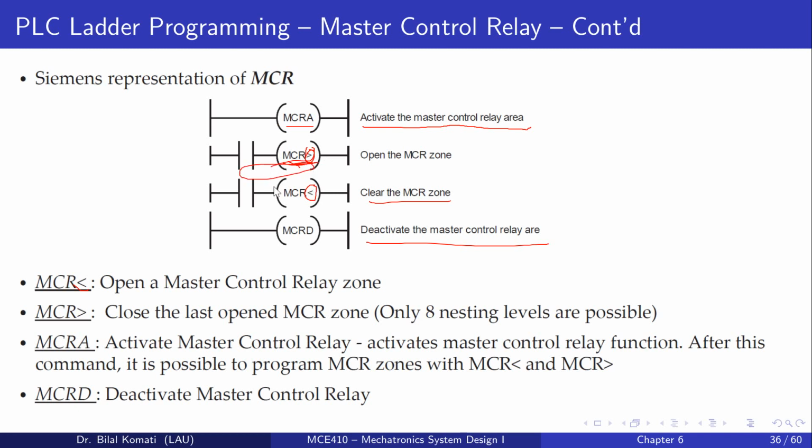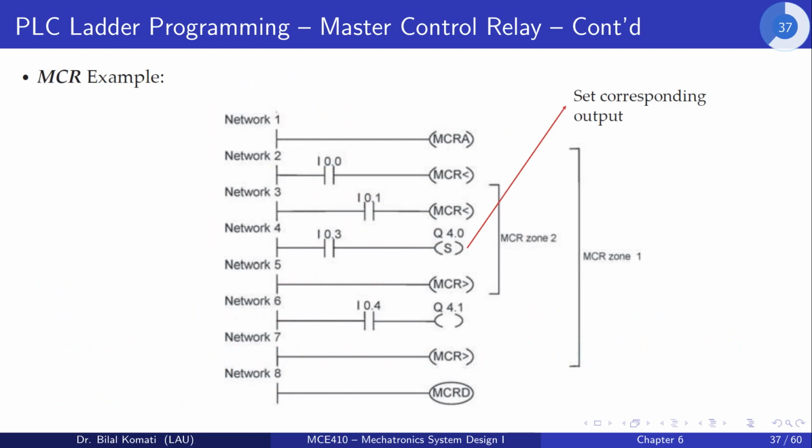Everything in between will be executed. This one will activate the master control relay function, and the other one will deactivate it once we want to deactivate. Everything in between will be executed or not depending on the status of the master control relay.